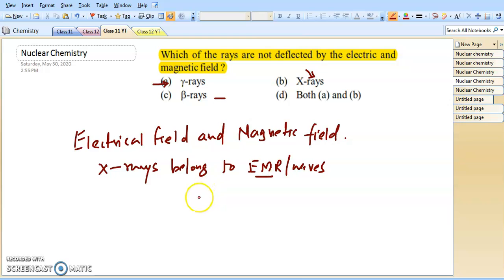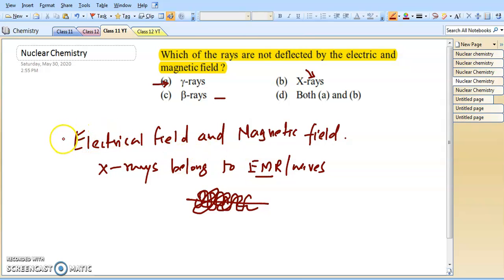They already have a magnetic wave and an electrical wave which are perpendicular to one another. So they will also not be affected by the magnetic or the electric field. So the answer is both A and B, because these gamma rays are nothing but X-rays.